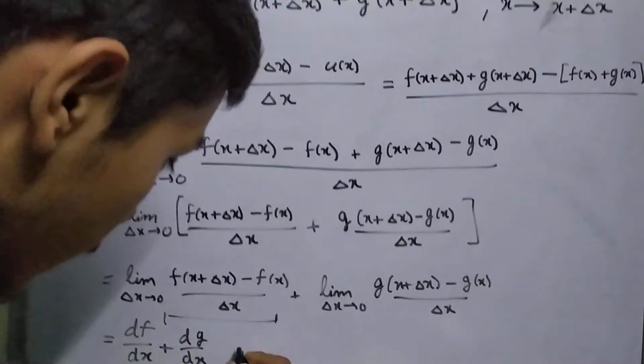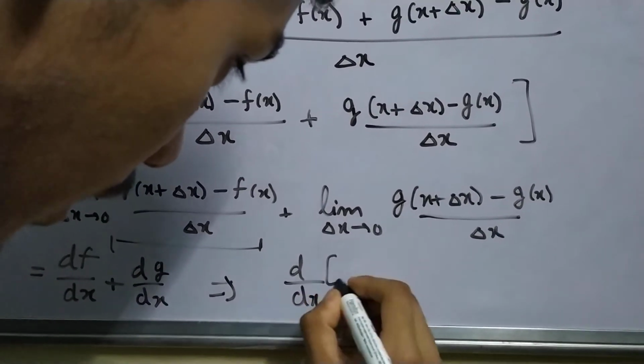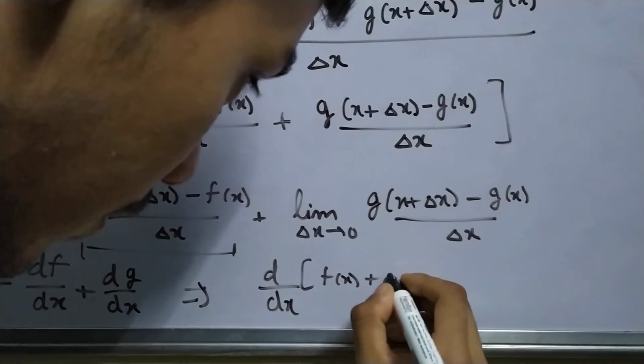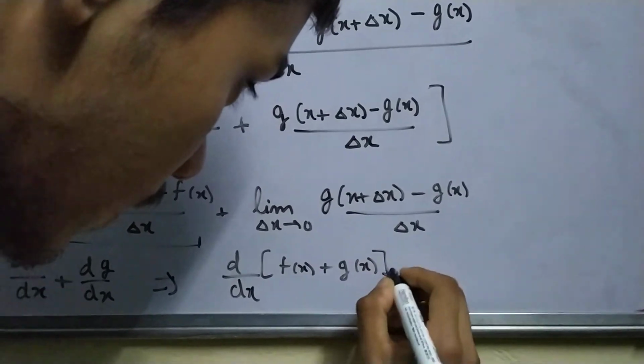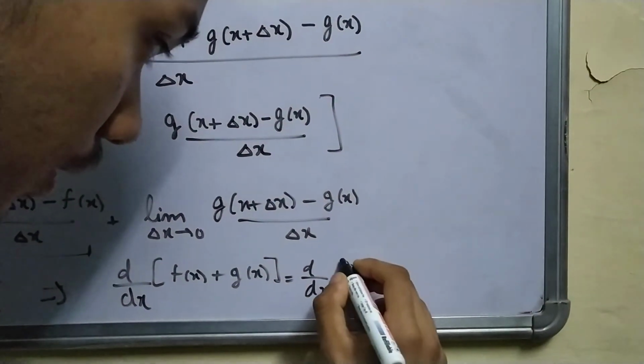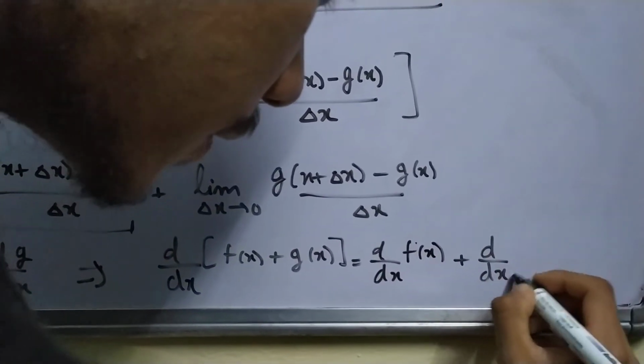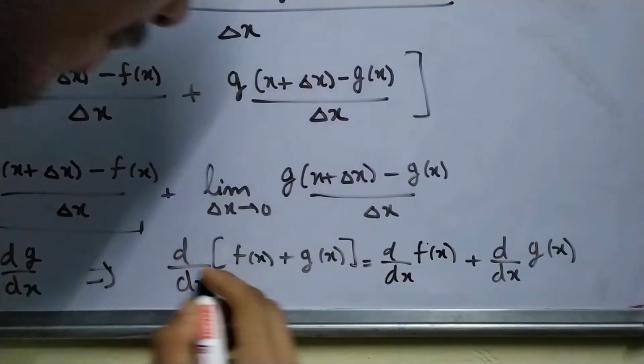So finally from this we can say that the derivative of f of x plus g of x will be equal to the derivative of f of x plus the derivative of g of x.